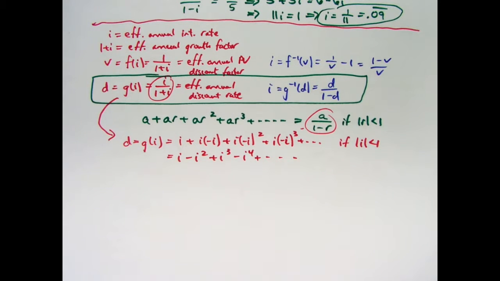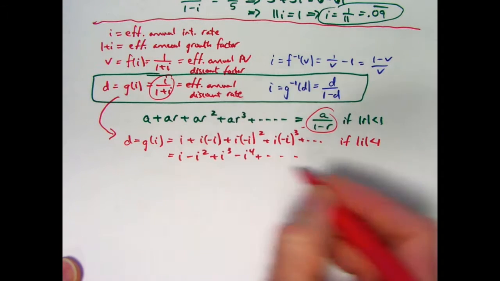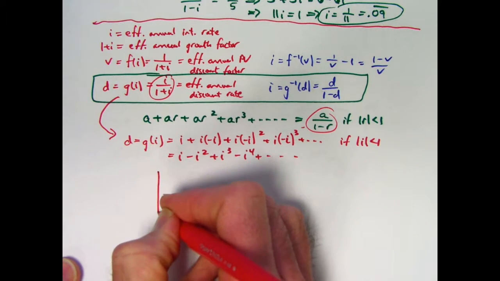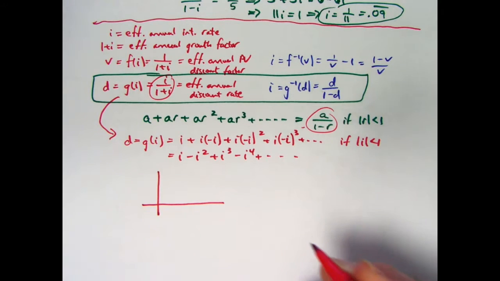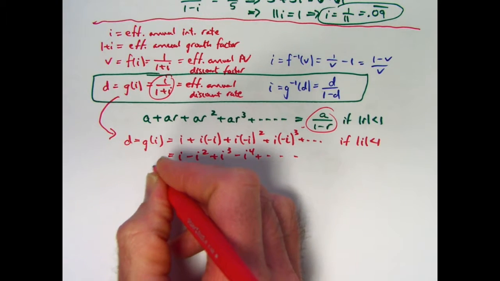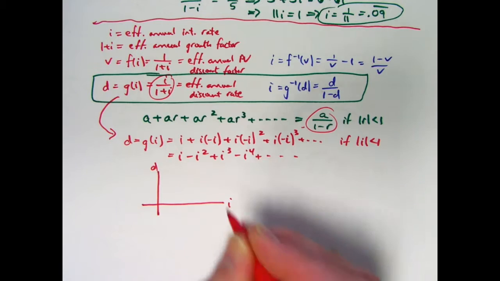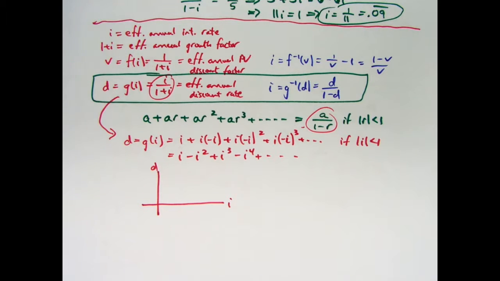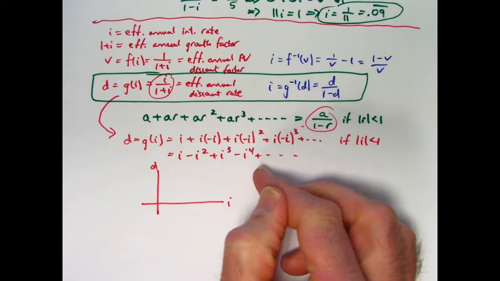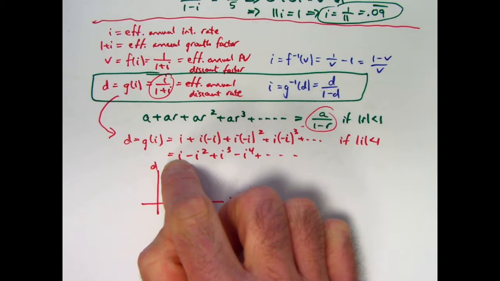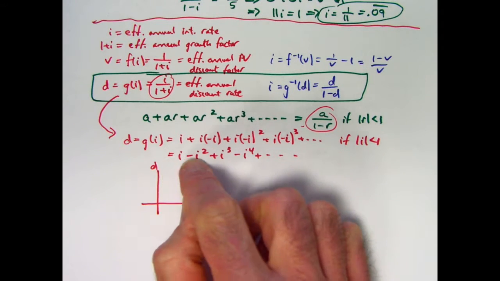Now imagine trying to graph g of I without technology. You can use this. How? Well, think about what happens when I is close to 0. When I is close to 0, all these terms are small, but I itself is relatively big compared to the rest of these.